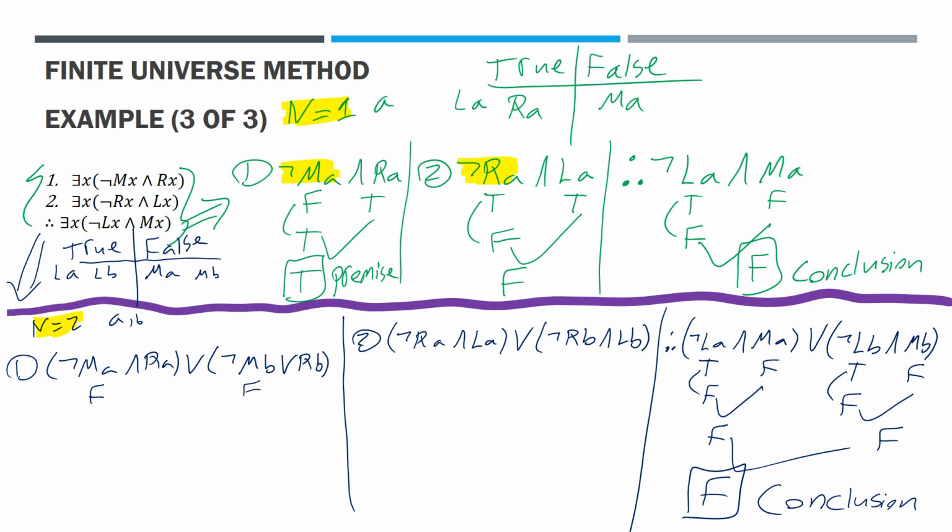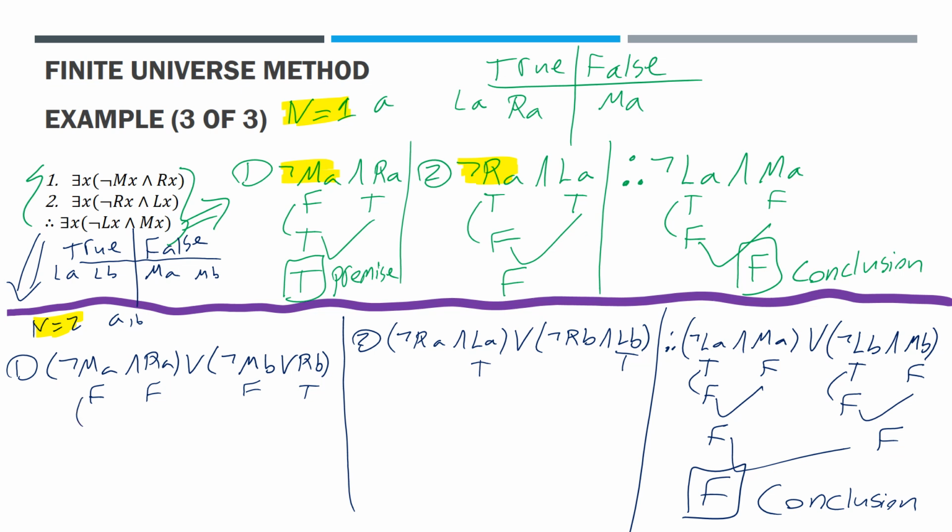Let's see, second premise, we have an LA that's true, and LB is true. Back to the first premise. Here we're not going to have any difficulties to get that true, I don't think. So we'll just say that RA is false, and we'll say RB is true.